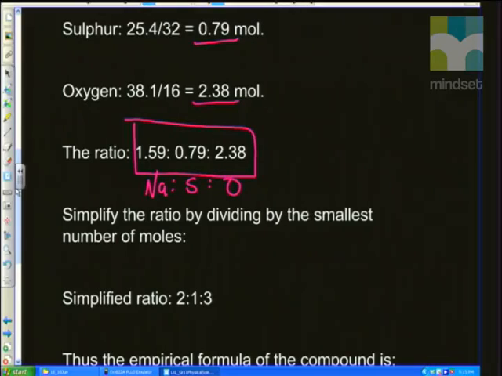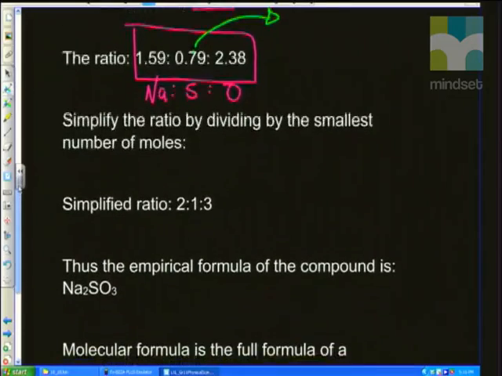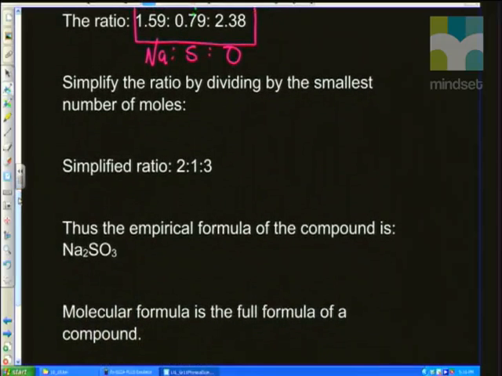Then at this point, we take the smallest value here, which in this case will be that one, and we divide through all of this to simplify the ratio. When we do that, we find that 0.79 goes 2 times into 1.59 for sodium. It goes once into itself for sulfur, and it goes 3 times into 2.38 for oxygen. Remember, this is sodium, sulfur, oxygen.